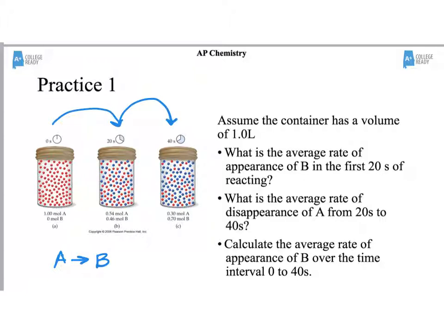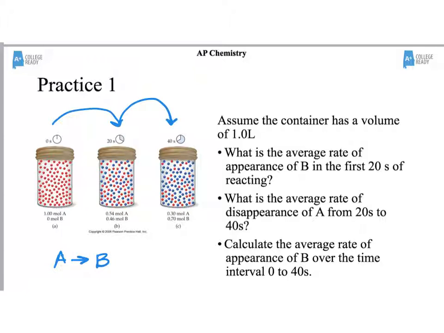Okay, so let's do some calculating and see what the average rate of the appearance of B is in the first 20 seconds of reacting. We have to remember that the rate is the change in concentration over the change in time. So what's our change in concentration of B from 0 to 20?